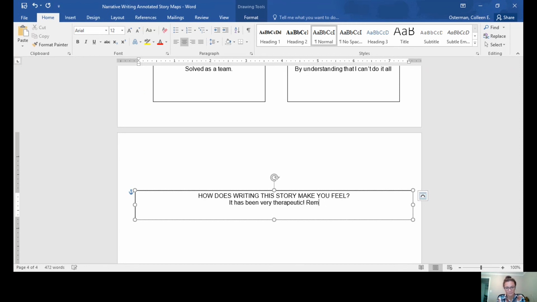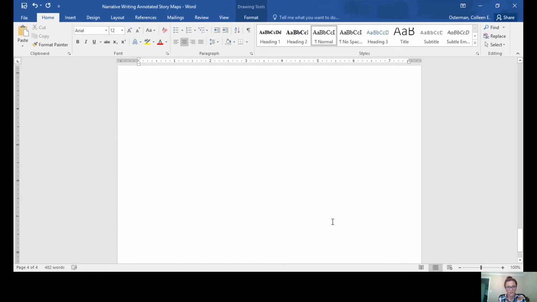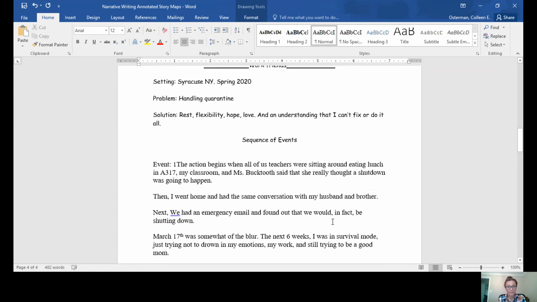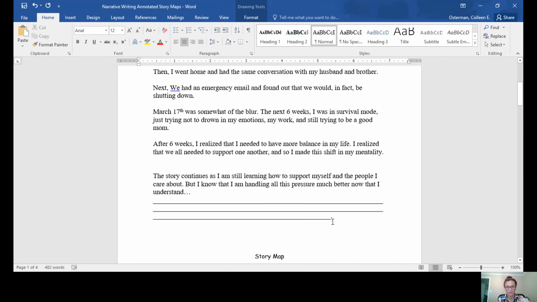Remembering what is important helps me ignore what is not important. So those are 3 different graphic organizers that really work in the same fashion. They just are a little different.